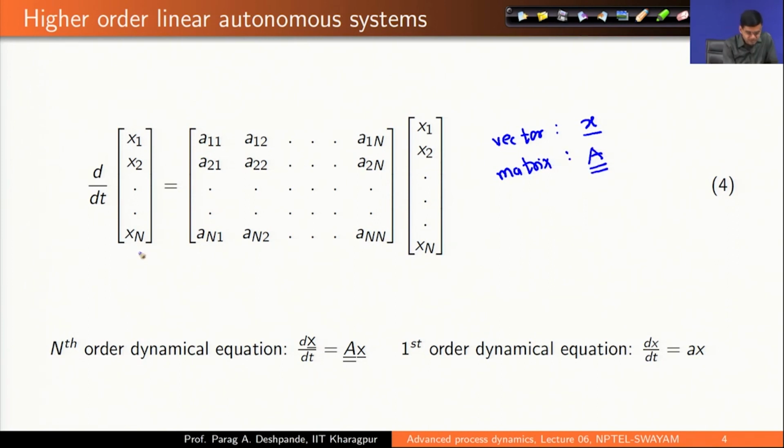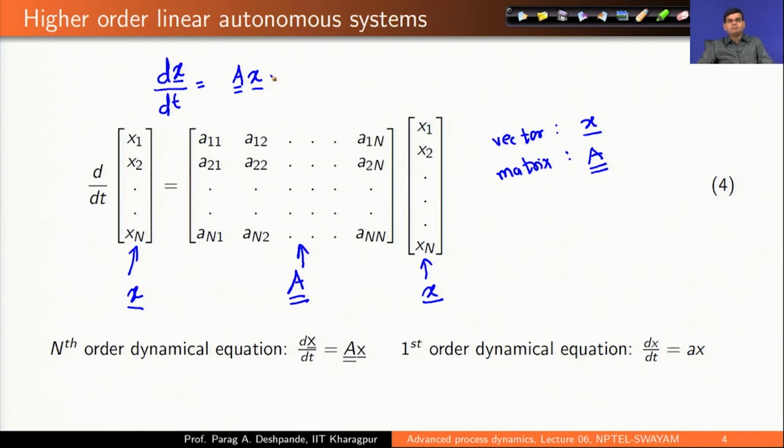Okay. So, therefore, this would be represented as x underbar, this would be represented by x underbar, and this matrix would be represented by a double underbar. So, therefore, I can write this equation as d x underbar by dt equals A double underbar, to signify that it is a matrix, multiplied by x underbar again.